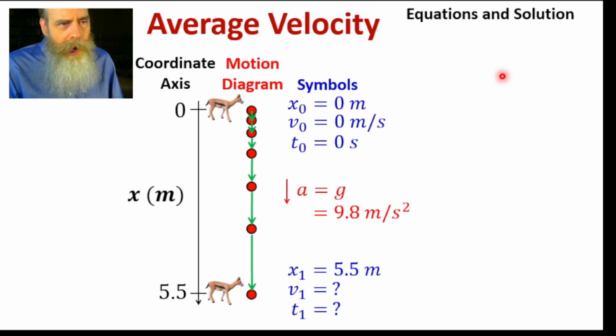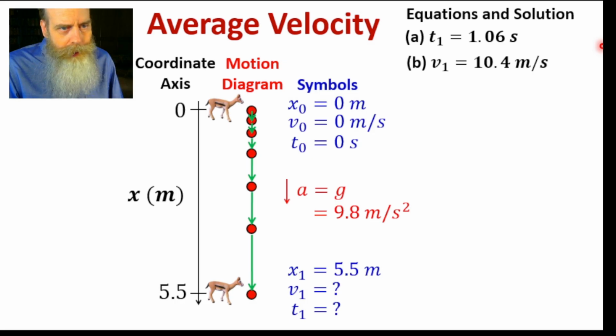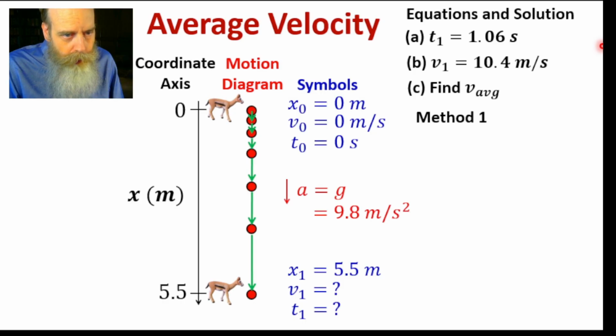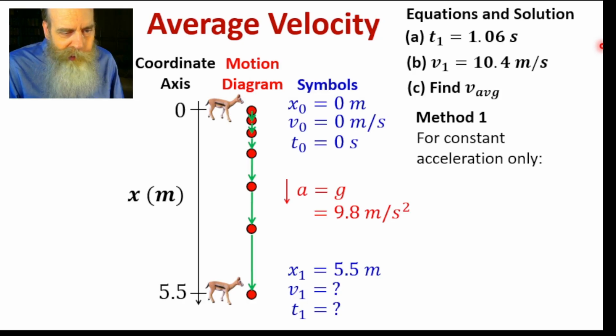Now let's find the average velocity. We have t1, 1.06 seconds. v1 is 10.4 meters per second. Let's find v average. There's two ways we can do it. Method 1 is only valid for constant acceleration.